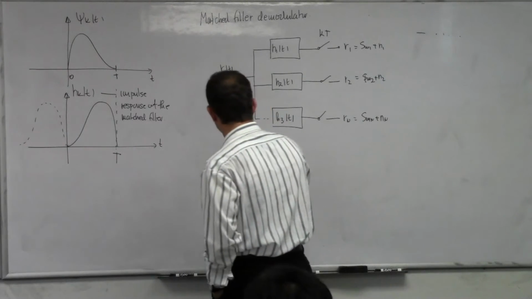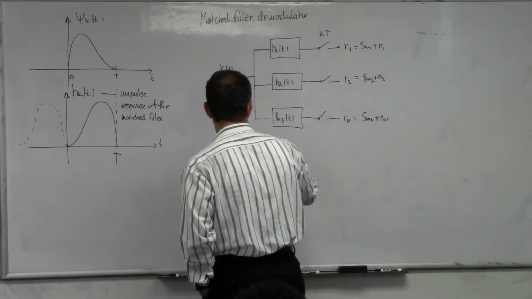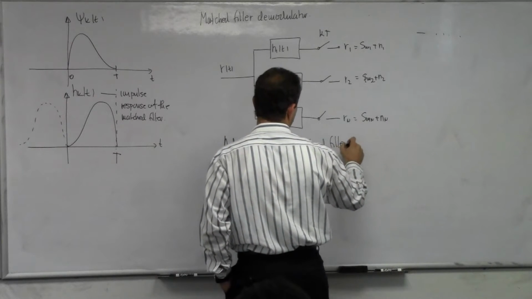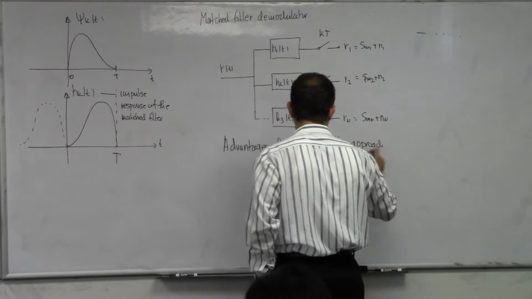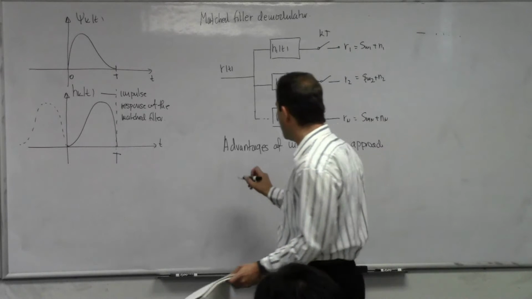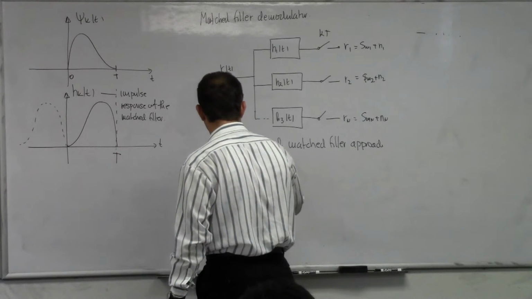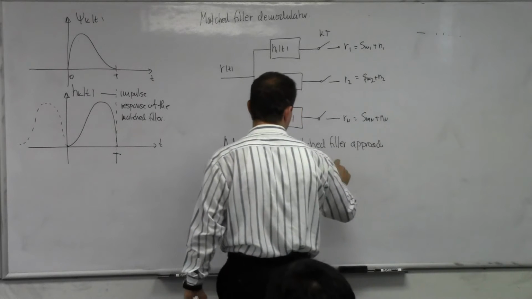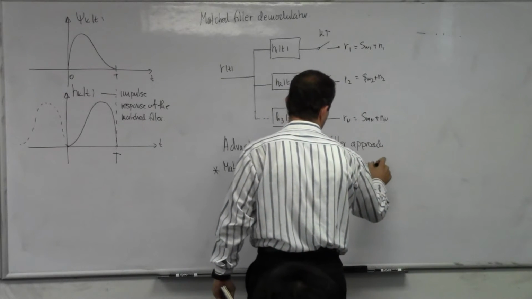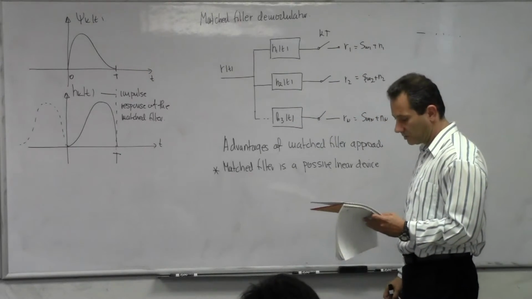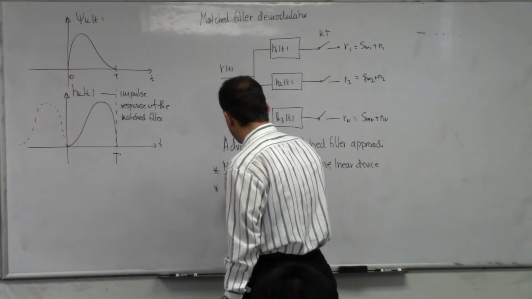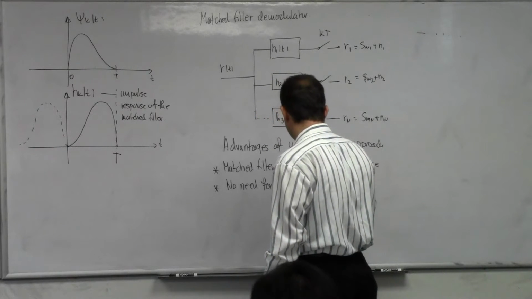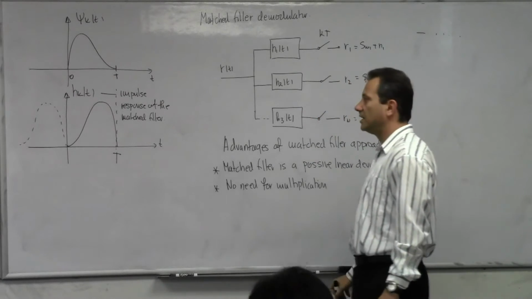What are the advantages? Let me just list them here. The matched filter is a passive linear device. Right, so that's a really big advantage when it comes to implementation. No need for multiplication, right? Because multiplication is inherently a non-linear process.